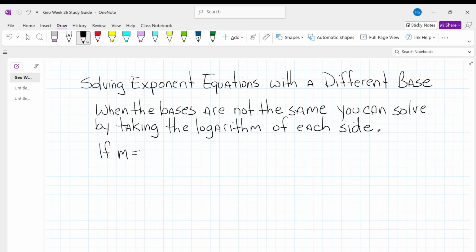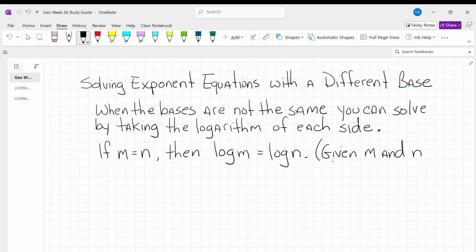If m is equal to n, then log m is equal to log n, given m and n are positive.